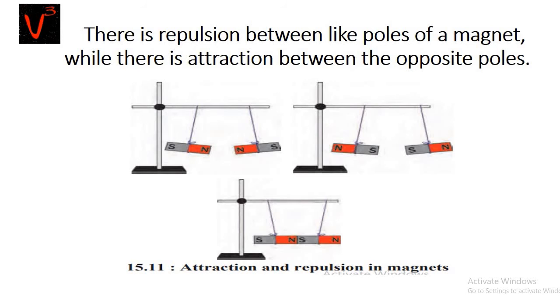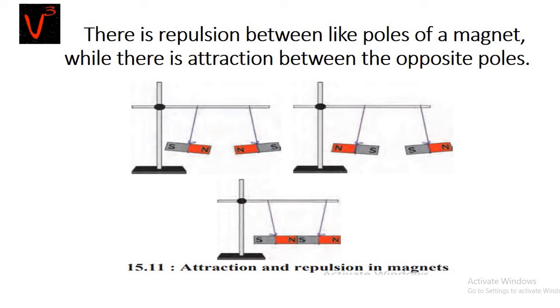Now let's see the fifth characteristic, attraction and repulsion in magnets. You have played with magnets many times, right? You have seen that two magnets get attracted and sometimes these two magnets repel. Why does this happen? Because there is a characteristic of magnets, that is, there is repulsion between like poles of magnets.